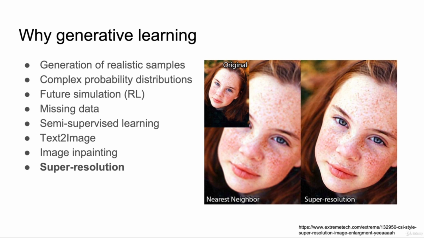But using generative learning and generative adversarial networks, you are able to increase the size of the image and have a high quality as an output. In fact, these are not all the applications, and we will consider much more. I just want to tell you that we are not limited to just generating new cats and dogs. There are a lot of really useful practical applications.